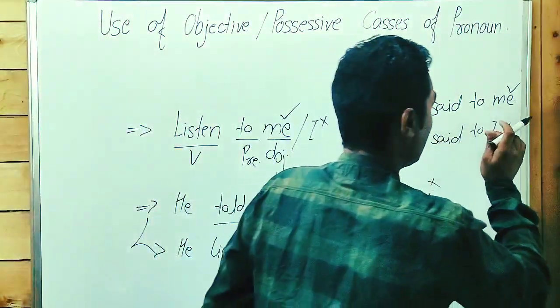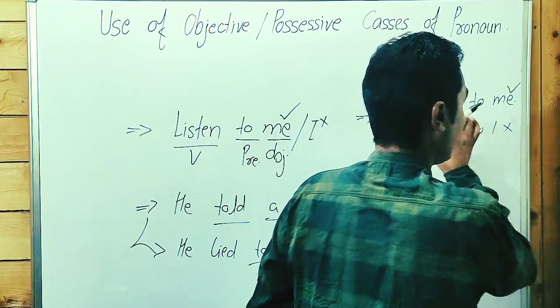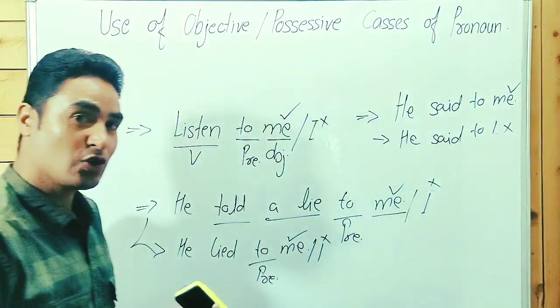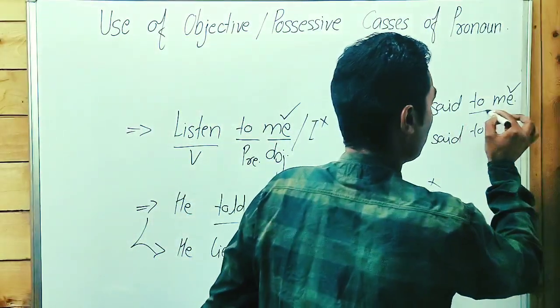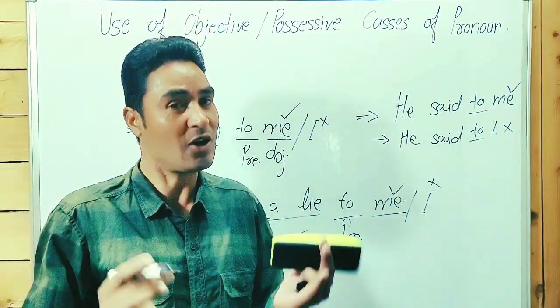We write he said to me, not he said to I. So "to" is a preposition over here. That's why after a preposition we use the objective case.